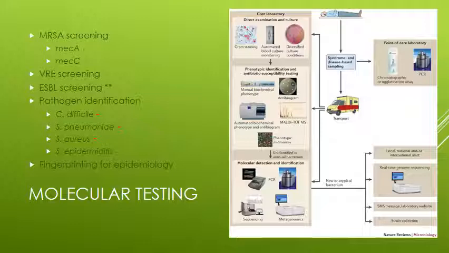Okay, so if you need to trace an outbreak in your hospital, if you need to identify the specific strain of a particular organism, maybe your patient comes in with a VRE and you want to actually identify the specific molecular fingerprint of that strain, so that if another patient shows up with VRE in your hospital, you can trace it back.